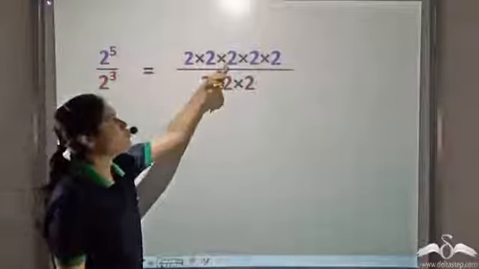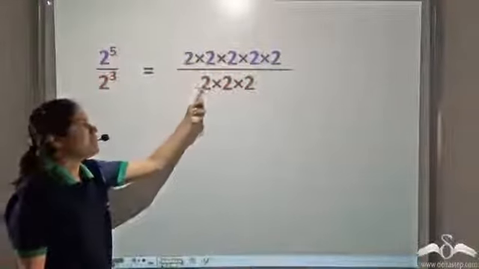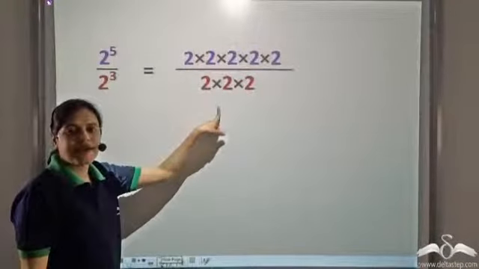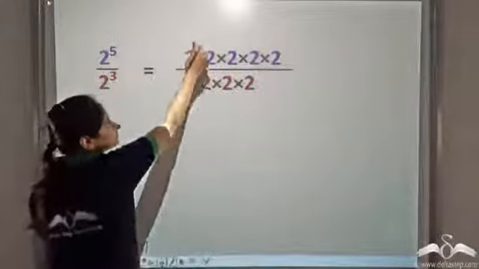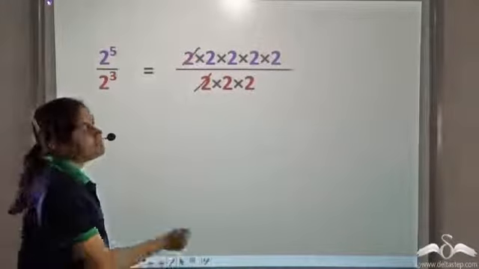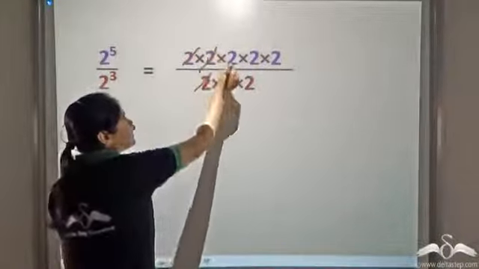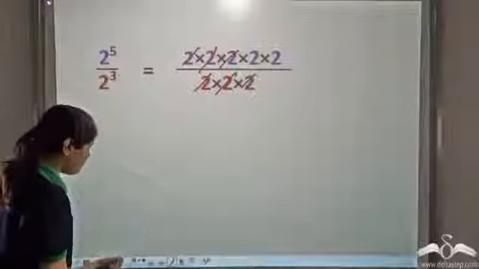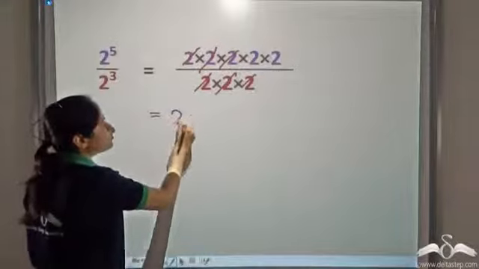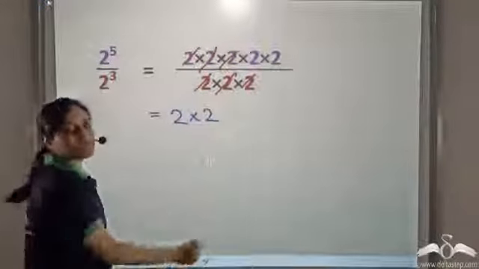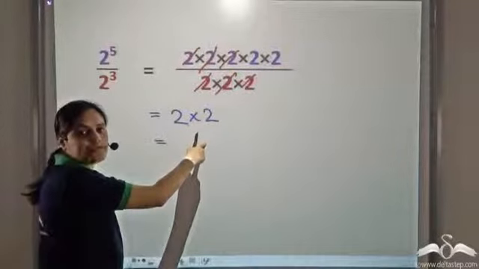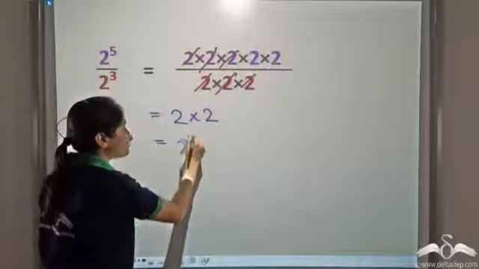Now we have these 2's in the numerator and these 2's in the denominator. So some of these will get cancelled. So this and this get cancelled. This gets cancelled with this and this get cancelled. So we have 2 into 2, which is 2 multiplied by itself 2 times. That is 2 to the power 2.